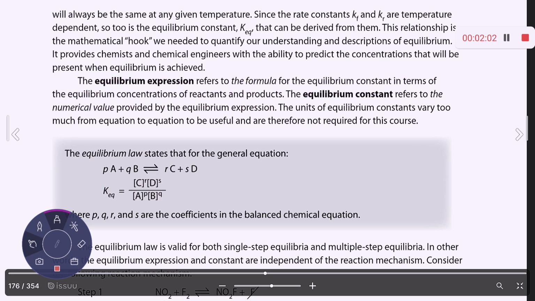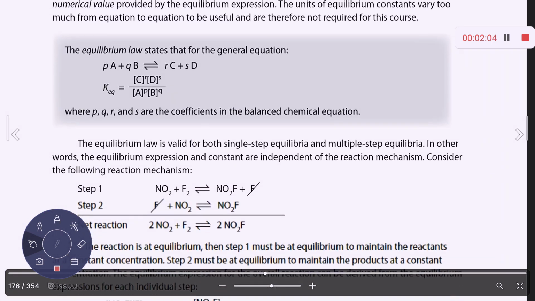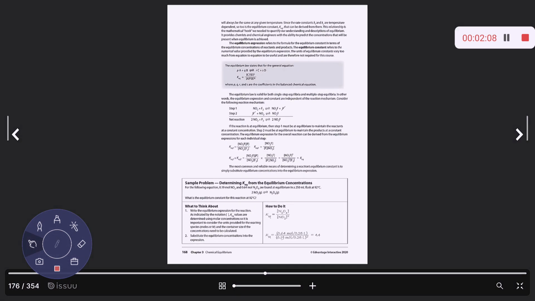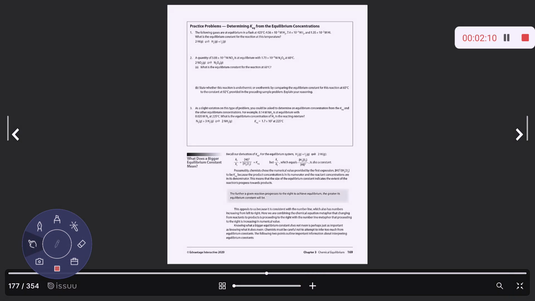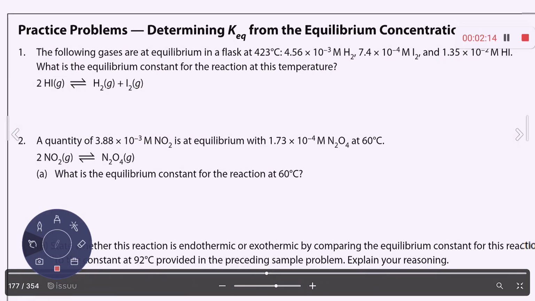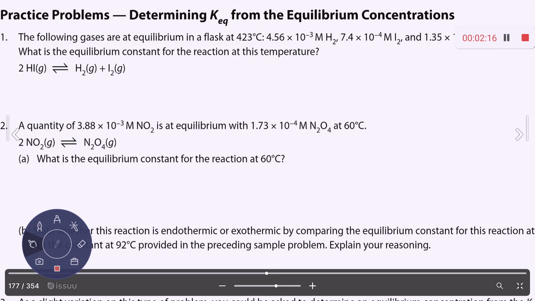All right, now let's take a look at the next page. Okay, in practice problem number 1, we've got some gases at equilibrium in a flask. They give us the concentration of every gas.